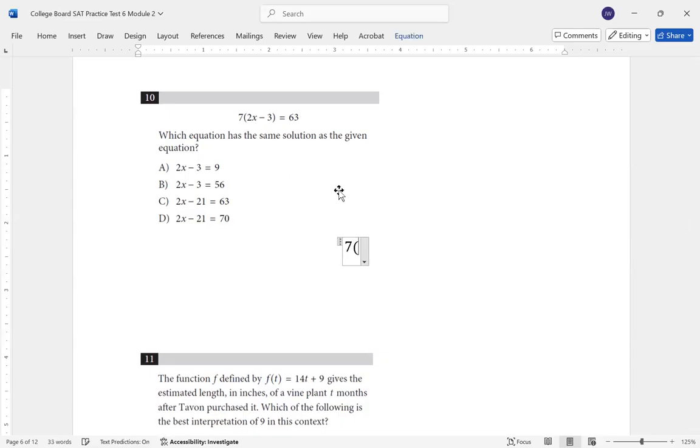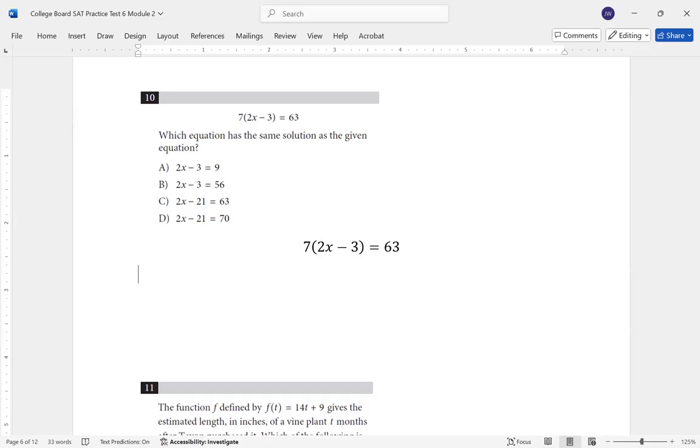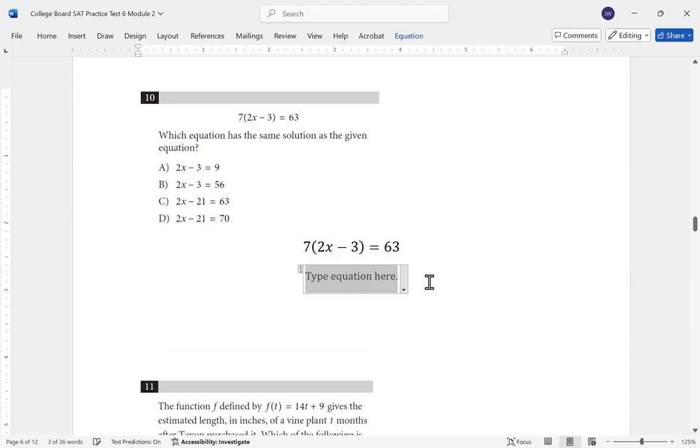We have 7 times the quantity 2x minus 3 is equal to 63. All of these options, A, B, C, and D, have 2x on the left-hand side. If I want to get just 2x by itself, I would divide both sides by 7. If I divide the left-hand side by 7, 7 divided by 7 will cancel out.